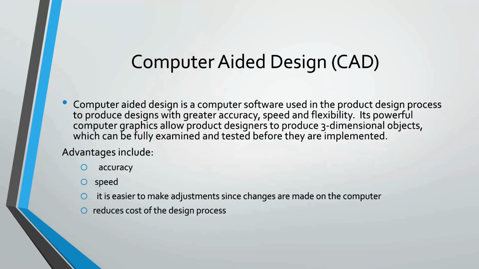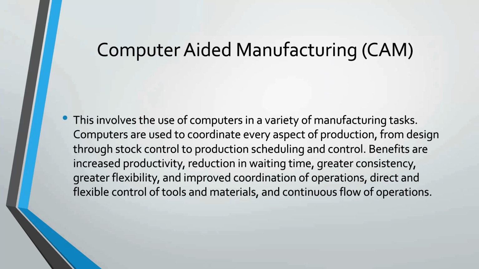Advantages of computer aided design software are accuracy, speed, and it reduces the cost of the design process, as well as it is easier to make adjustments since changes are made on the computer. Now, computer aided manufacturing involves the use of computers in a variety of manufacturing tasks.